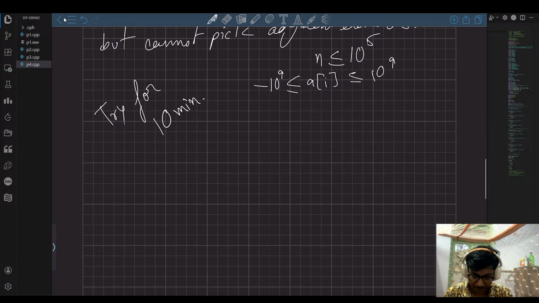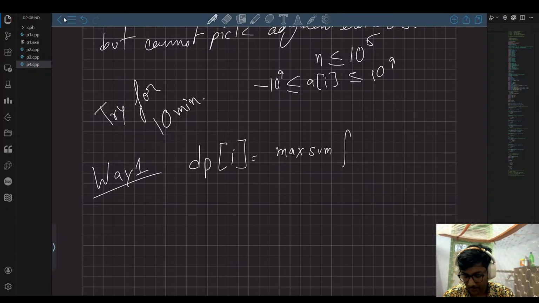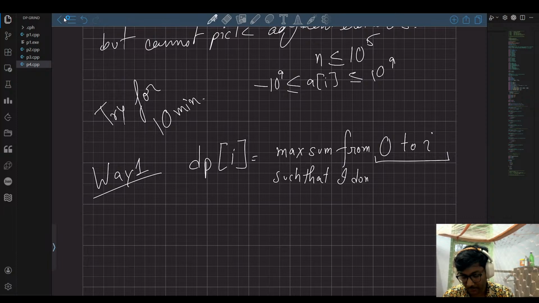So let's say way one. In way one, I will say let's define dp of i equals to max sum from 0 to i, such that I don't pick adjacent elements.